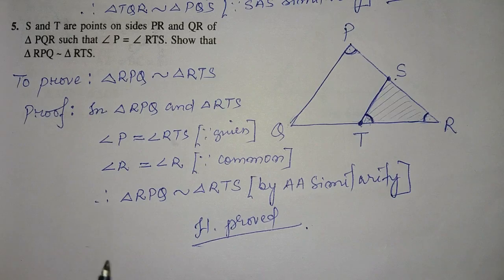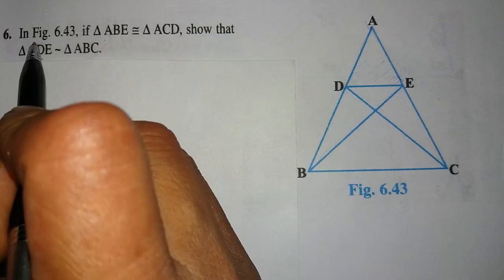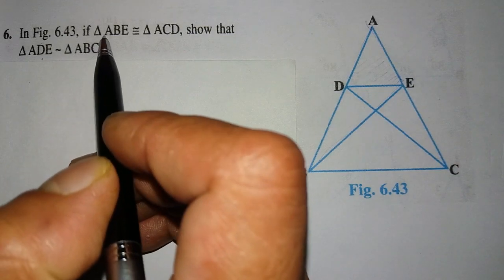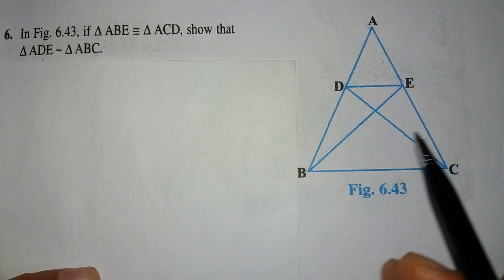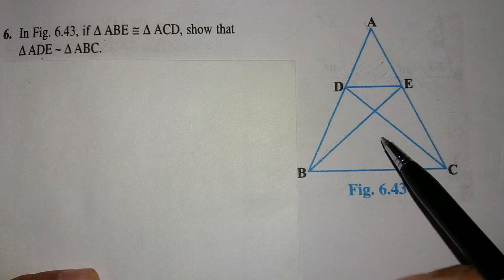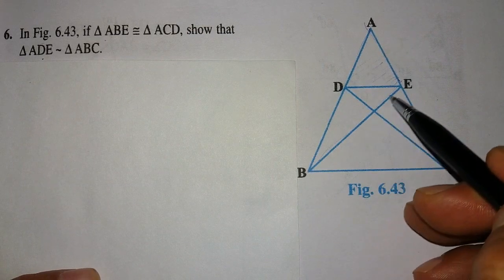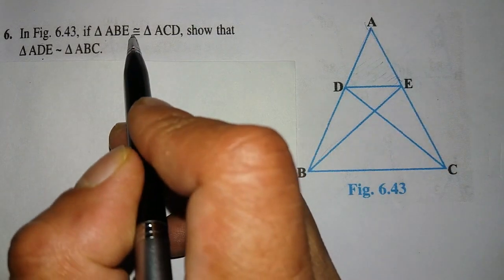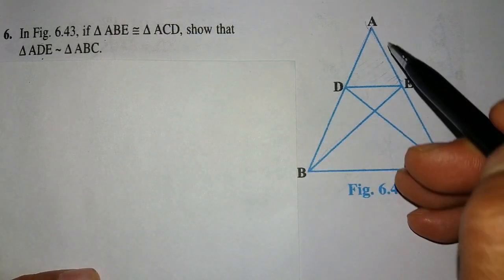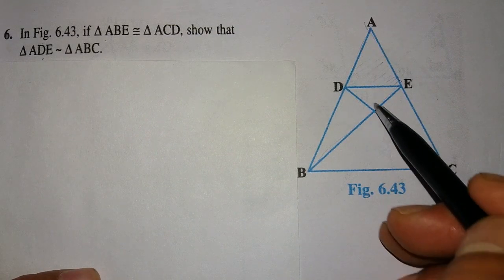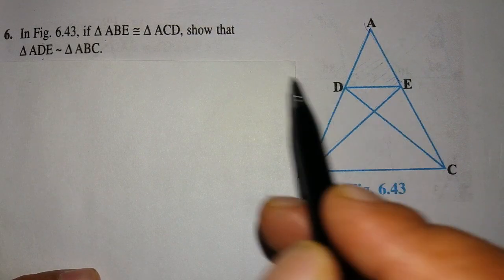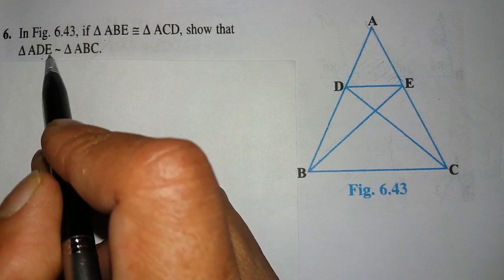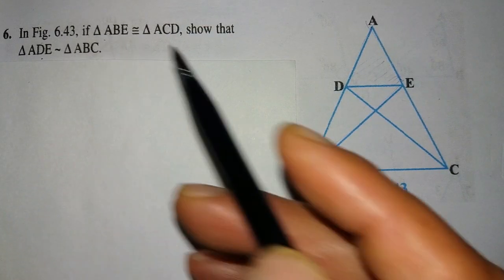Now let's go to the next question, that is question number 6. In figure 6.43, if triangle ABE is congruent to triangle ACD, show that triangle ADE is similar to triangle ABC.